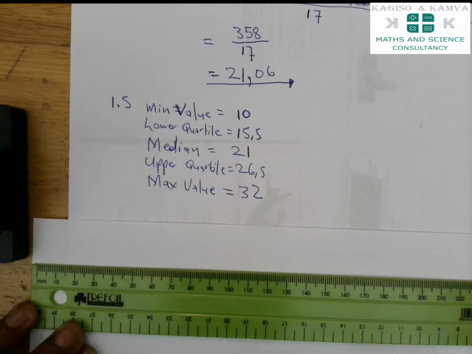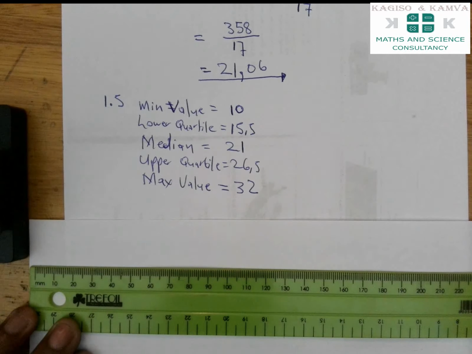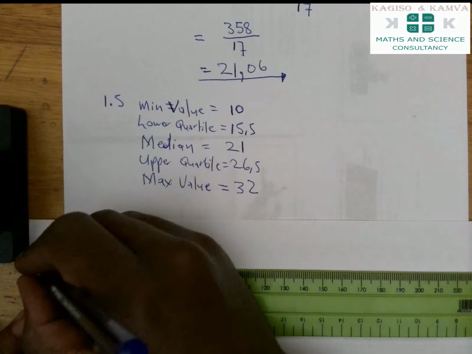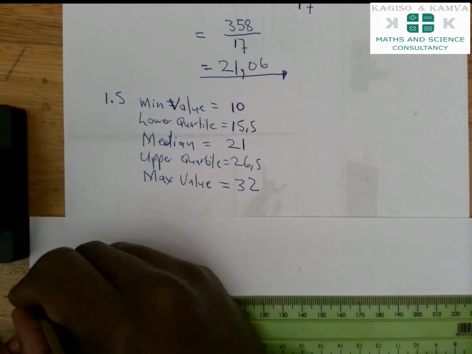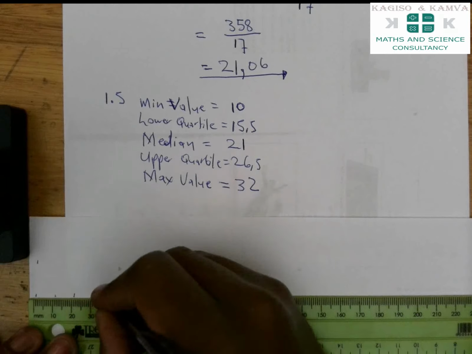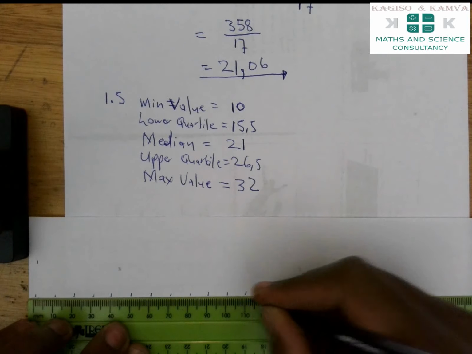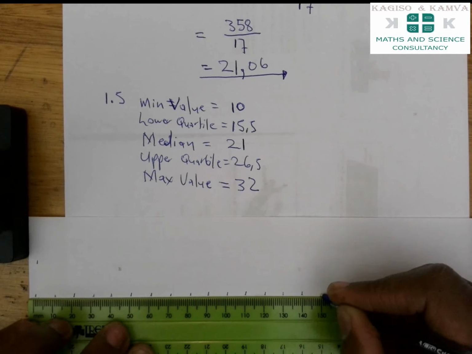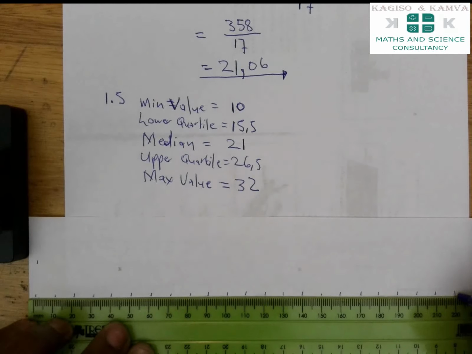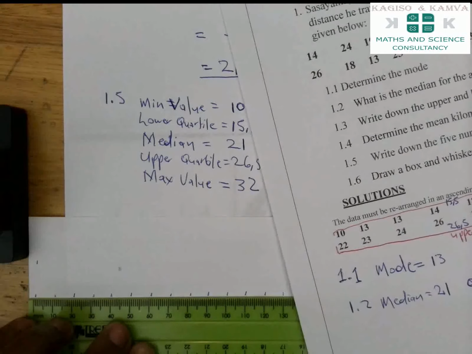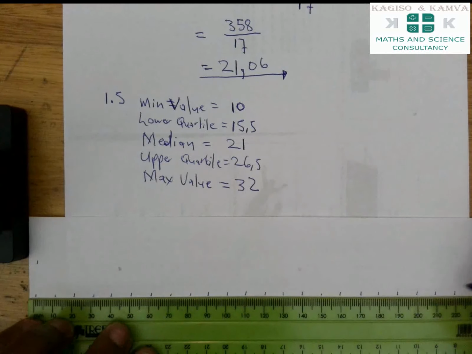We know that our lowest value is 10, so we are going to start at 10: 10, 11, 12, and so on up to 32. 32 is our maximum value.